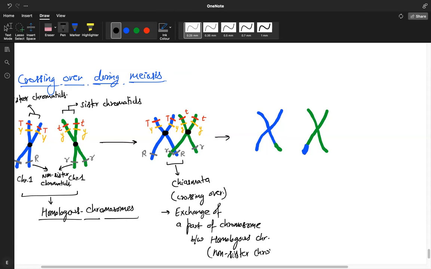You understand, everyone? This is called recombination. So now if I make the gene, let's make the gene.